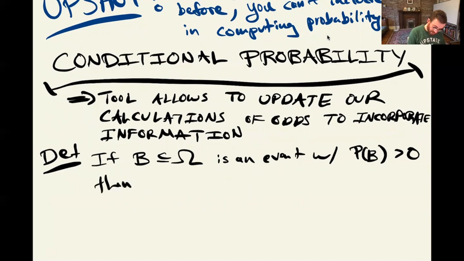Then the probability of A, an event, given the information B, that's how we need to read this.